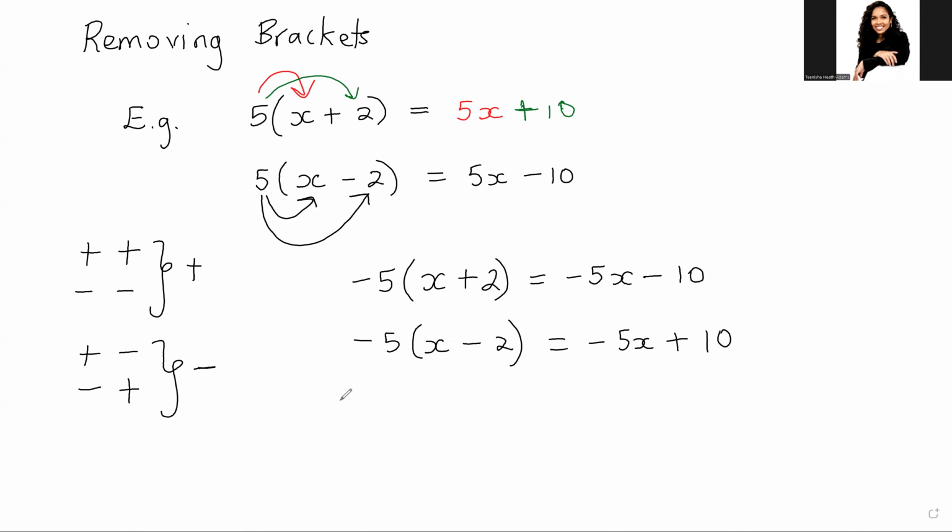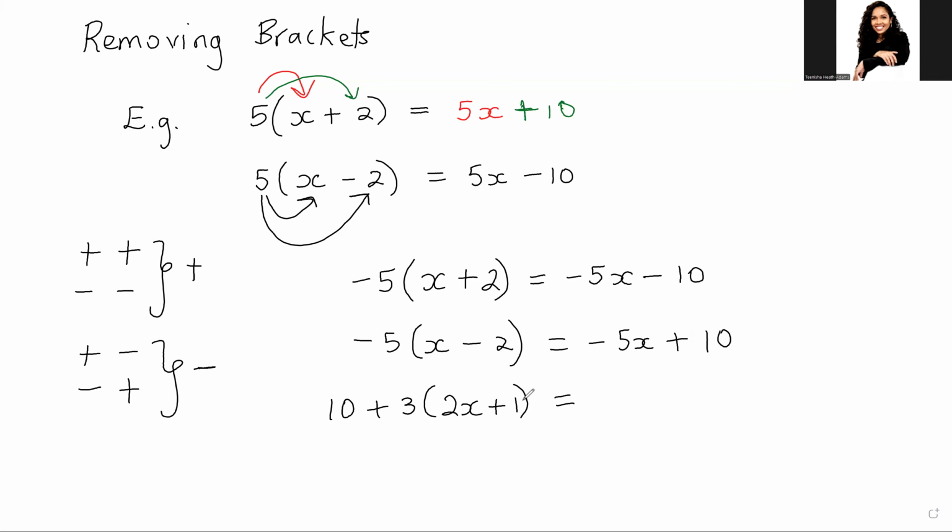Also, let's say I had 10 plus 3 times 2x plus 1, right? Now, a common mistake that students make is that they add this 10 and this 3 and then they multiply it by the brackets inside. That is not correct, okay?